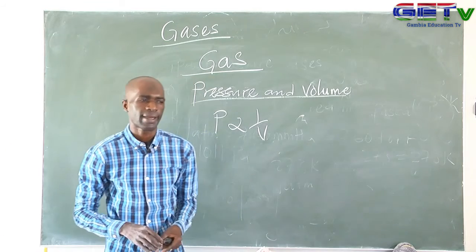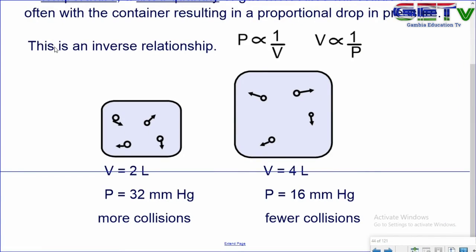Okay. Diagram here, V is equal to 2 liters, and then the pressure is 32 millimeter mercury. You have more collisions. But V changes to 4 liters, and then P also changes to 16 millimeter mercury. So V is increasing from the first to the second one.